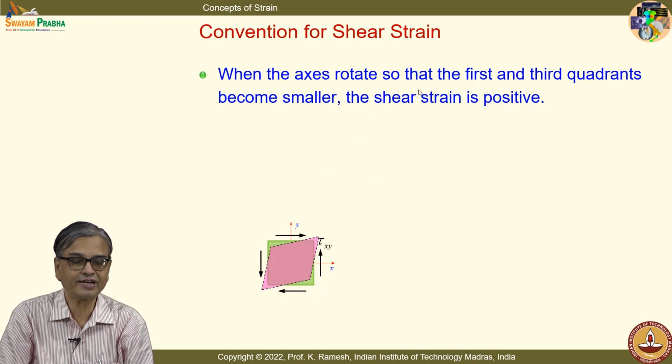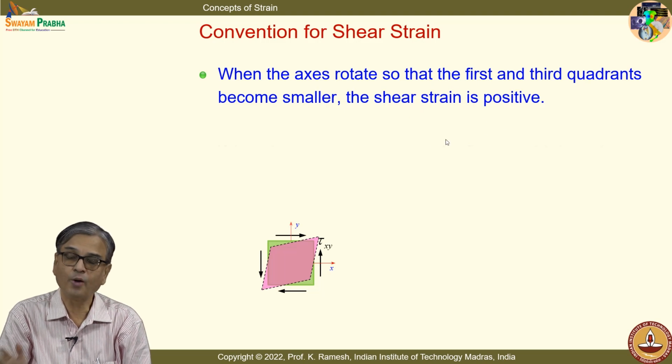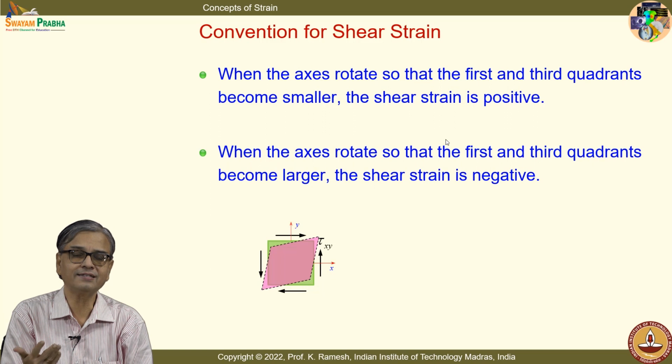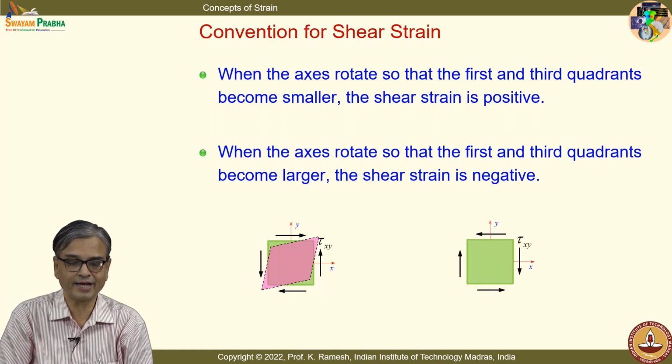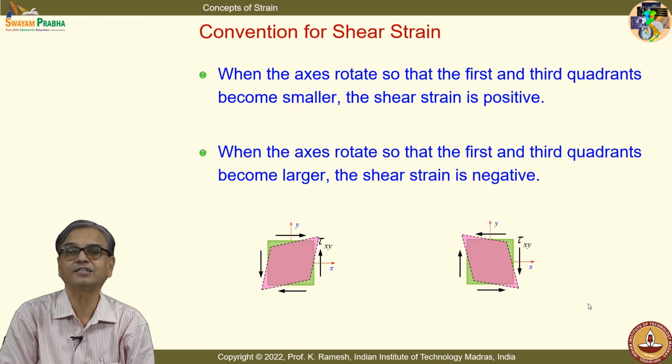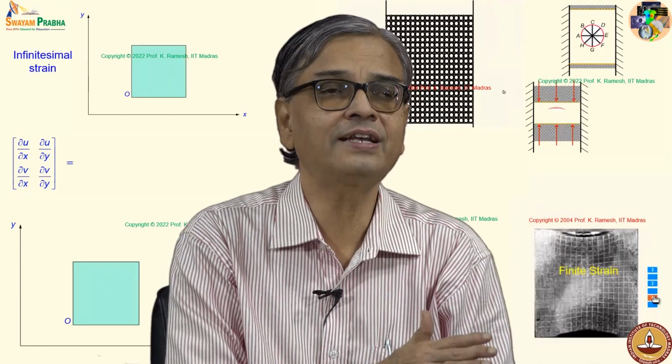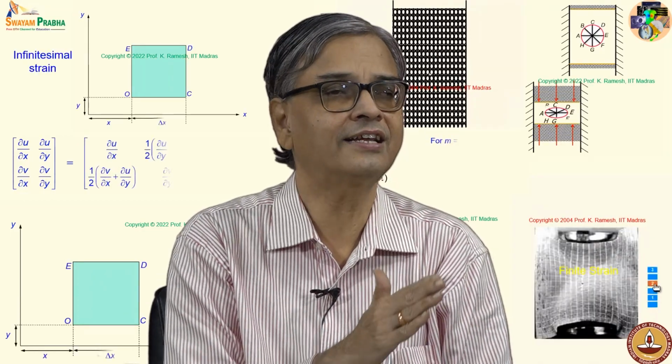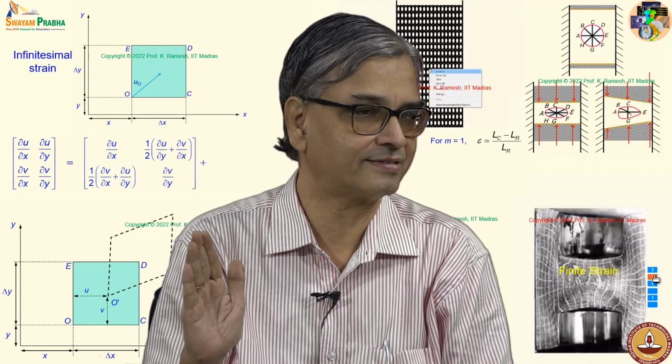When the axes rotate so that the first and third quadrants become smaller, that is seen very clearly in the diagram: first and third quadrants become smaller, the shear strain is positive. The opposite of this, you call negative shear strain. So, the diagram is very illustrative of what we mean by positive and negative shear strains. Strength of materials simply states this and then carries on with all the analysis.